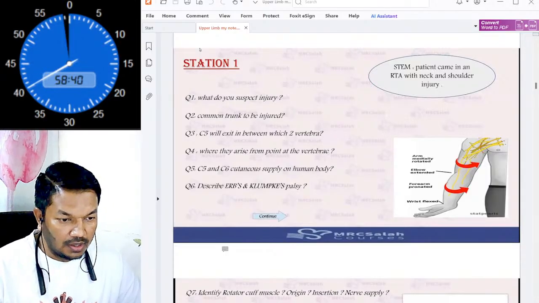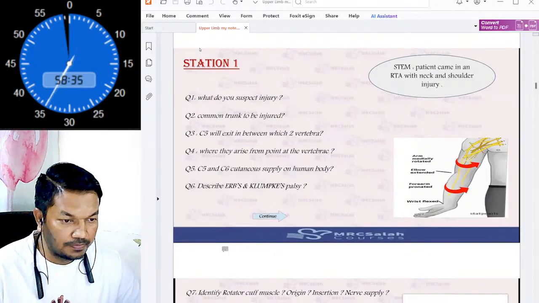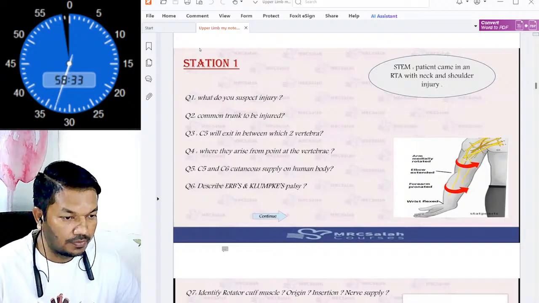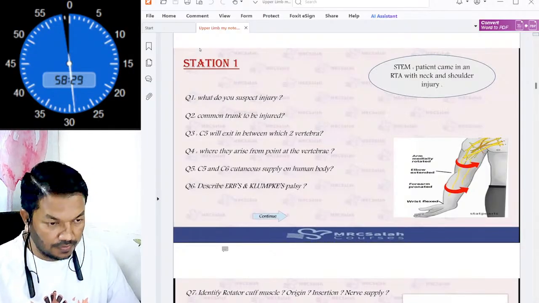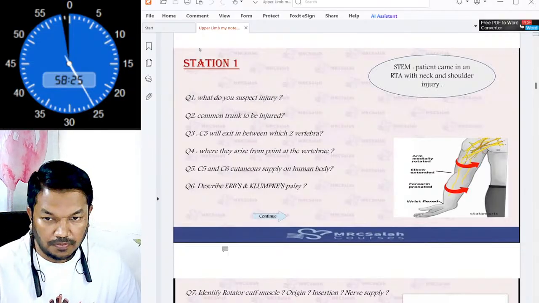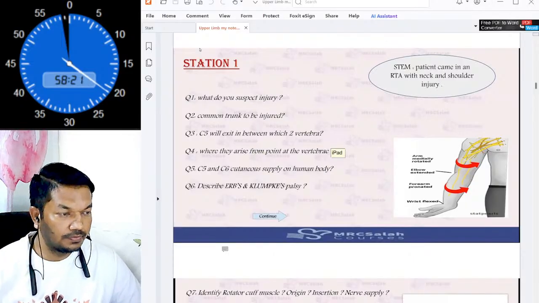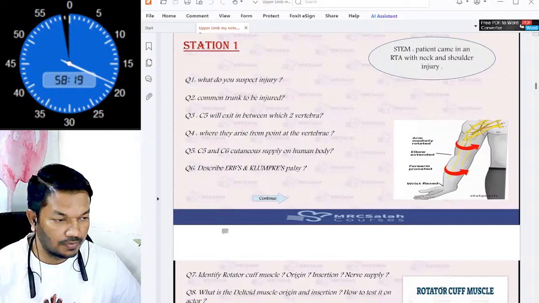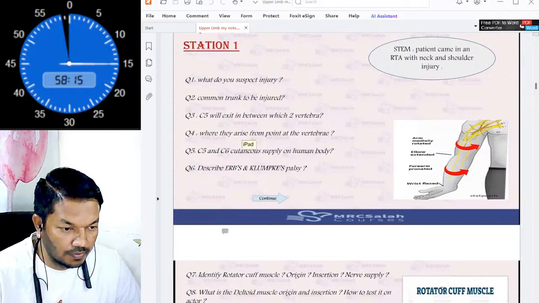Yeah, road traffic accident. T5 is T5 and between T6.